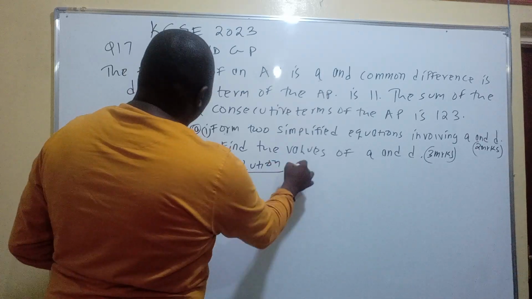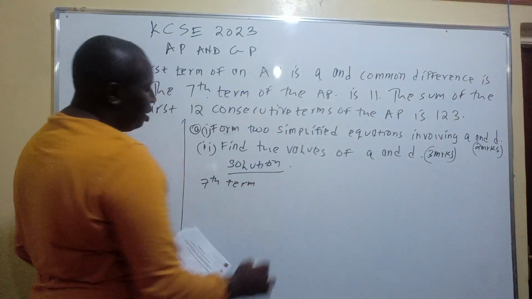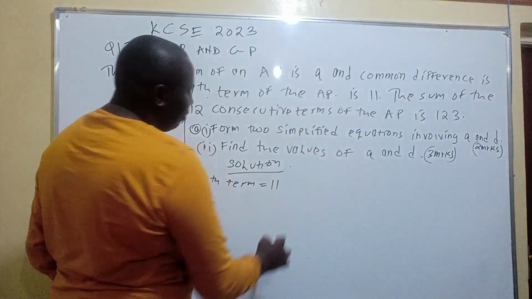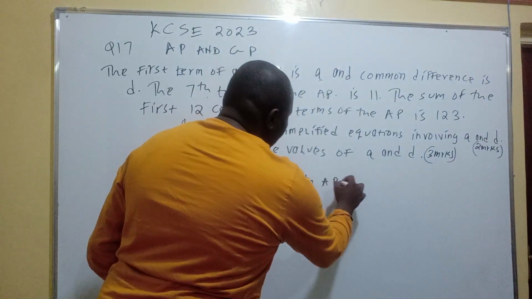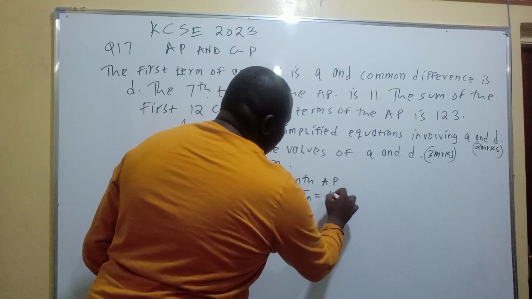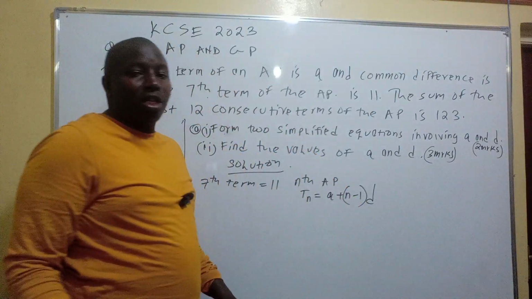When the examiner talks of the seventh term, the seventh term of this progression is 11. The nth term of an AP is given by the formula Tn equals A plus (n minus 1)d.